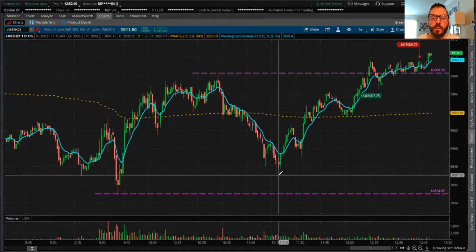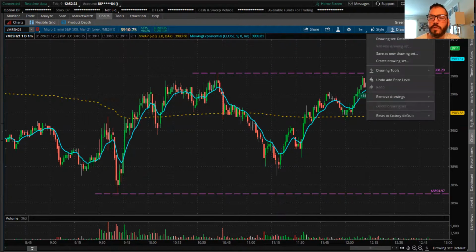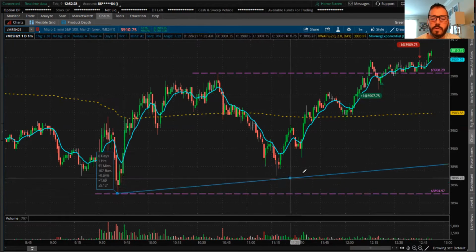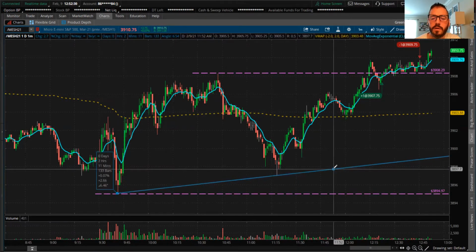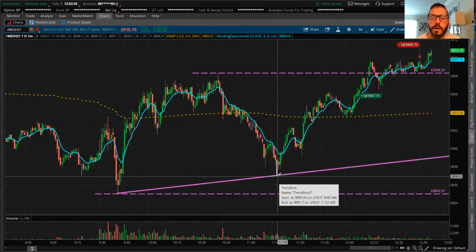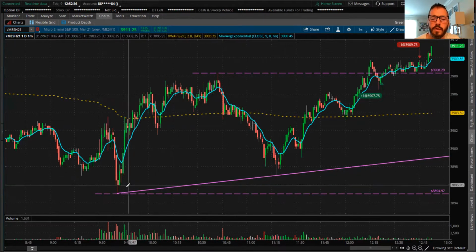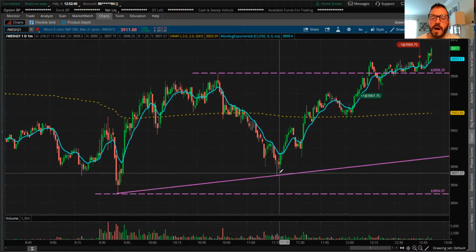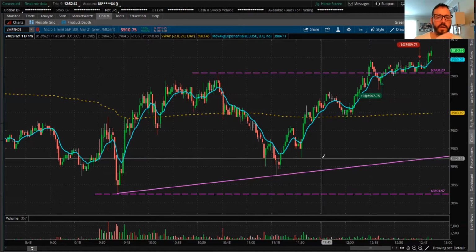We came down here, and what did we do here, guys? This is important. We made a higher low, okay? This is the start of possibly the way that the market is going to trend through the afternoon.